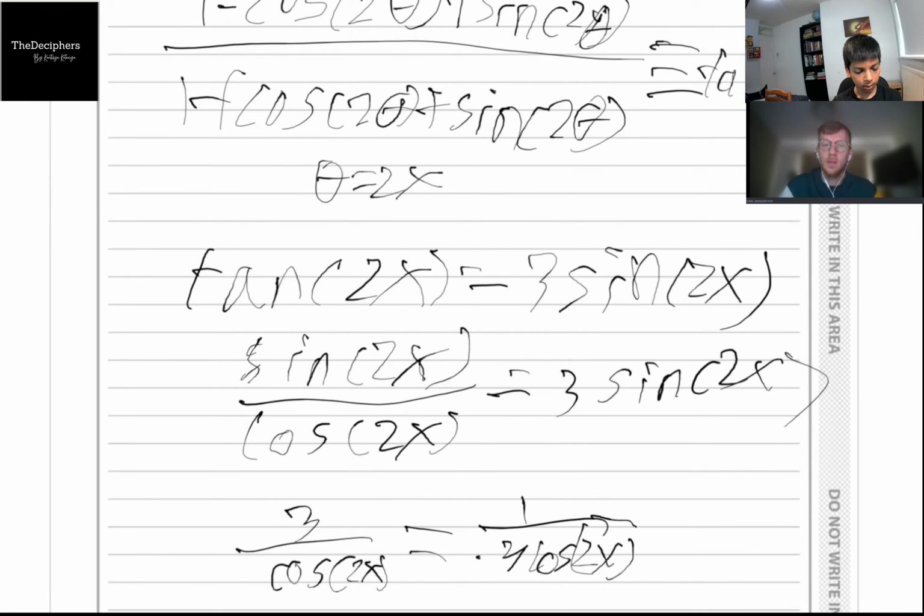Yeah, and sine 2x might be 0. So if you're doing it this way, you'd have to recognise that sine 2x equals 0 would be a solution, because if sine 2x is 0, both sides equal 0 and the equation holds true. So I would say rather than dividing by sine 2x, because you might forget that extra step where you set sine 2x equals 0 and you might miss some solutions.